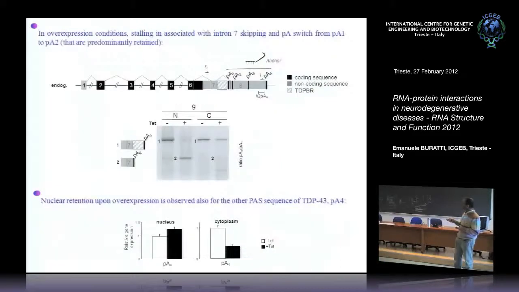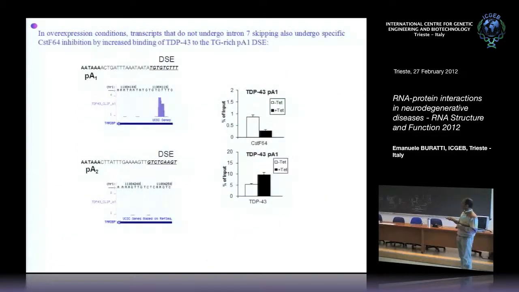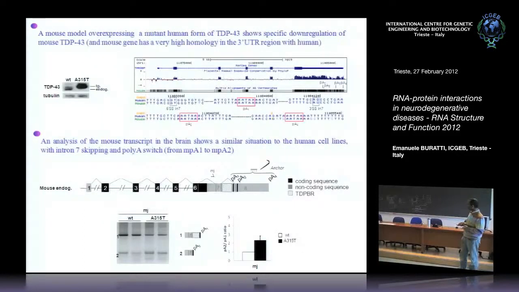But you also have, by RIP chip analysis, binding of TDP43 to the DSE element of poly-A1, and therefore inhibiting the recognition of the poly-A1 by the CSTF64 factor.